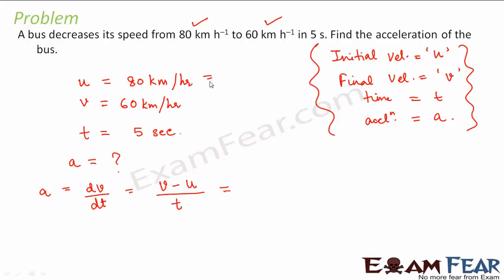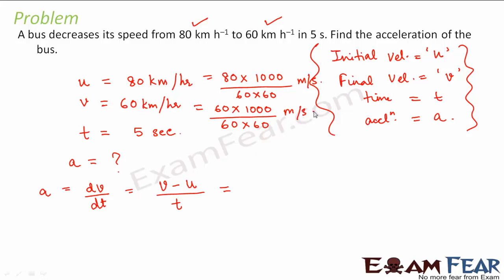Correct? Now this is given in seconds and these are given in kilometers per hour. So let us convert these also in meter per second. So for that, what will we do? We will multiply it by 1000 divided by 60 into 60, because 1 kilometer is 1000 meters, divided by 1 hour, which is 60 minutes, and 1 minute is 60 seconds.